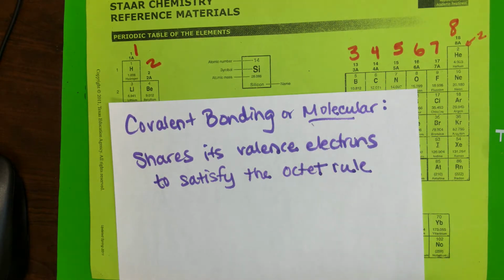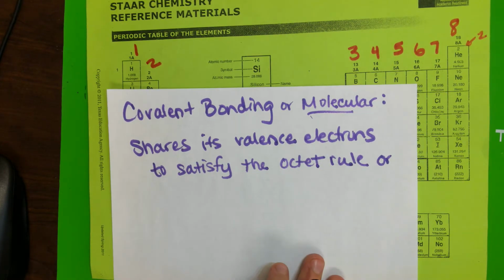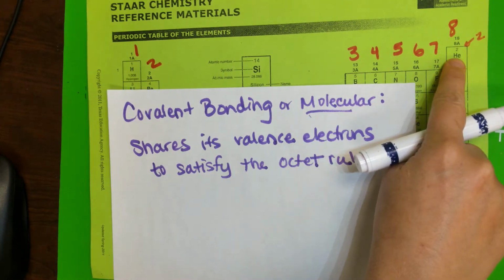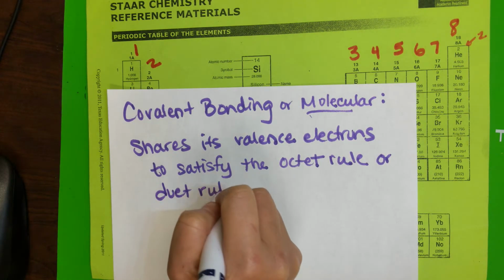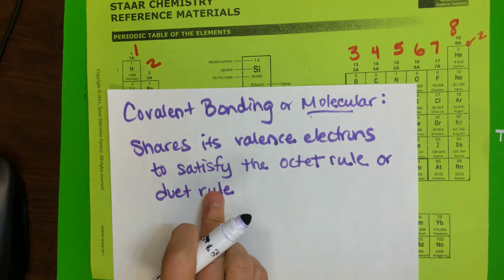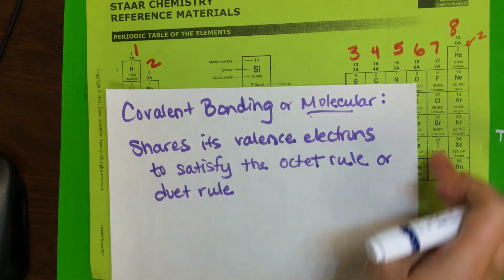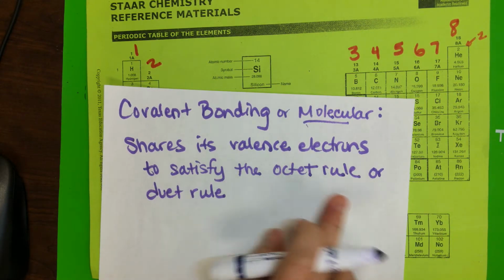We're going to talk about the octet rule in a little bit. There are two elements we'll look at, hydrogen and helium, that follow the duet rule. The duet is just hydrogen and helium, and all the other non-metals follow the octet rule.